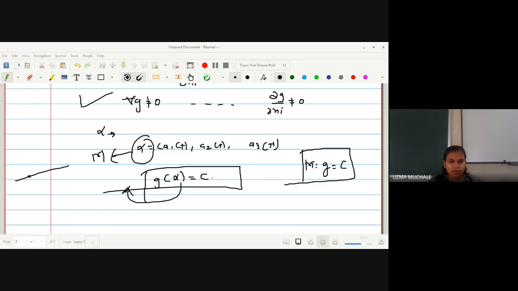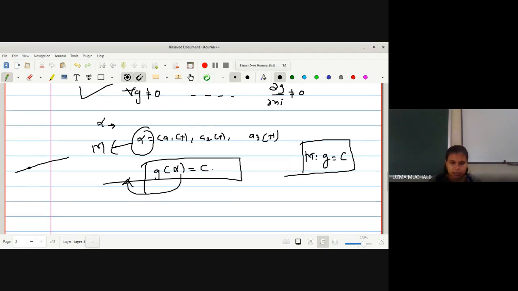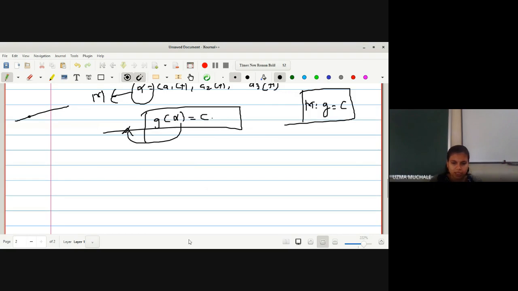Now let me differentiate the above function, that is g of alpha is equal to c. How to differentiate this?